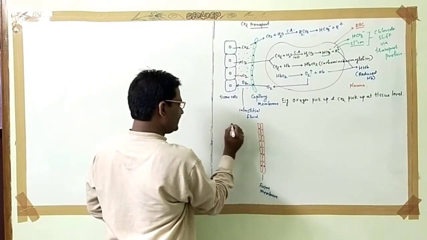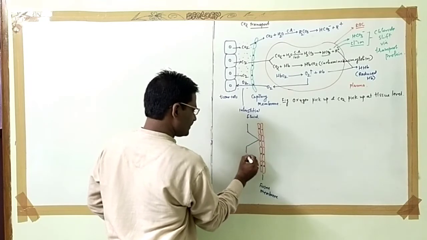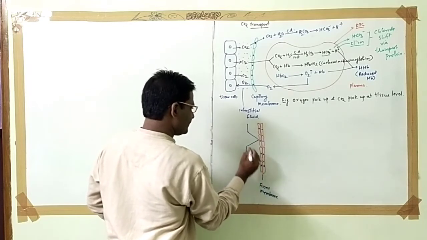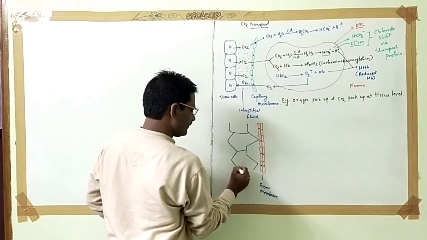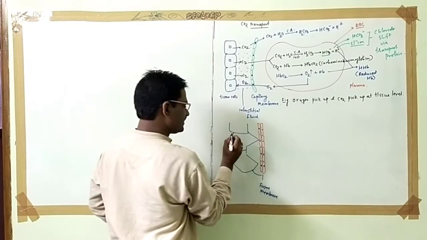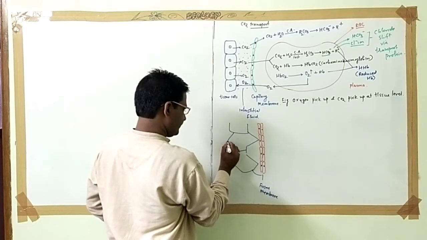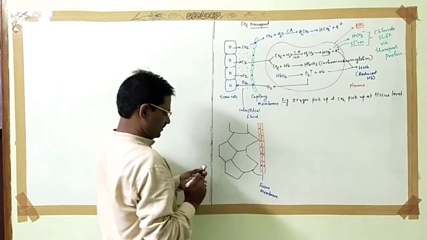Outside this membrane, we can say, lungs are present. Lung cells are present. Okay. Suppose these are the lung cells.